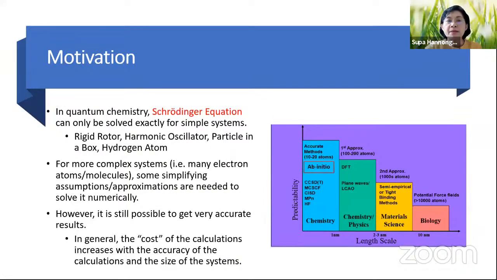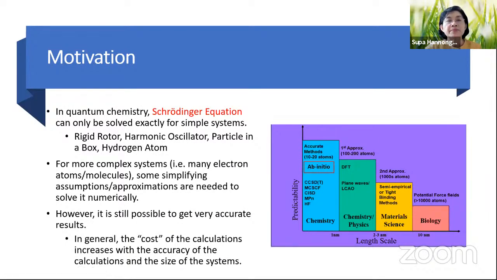Some of you may remember from modern physics and quantum mechanics, we can solve the rigid rotor, the harmonic oscillator and the particle in a box. And for atoms, we can only exactly solve the Schrödinger equation for the hydrogen atom.